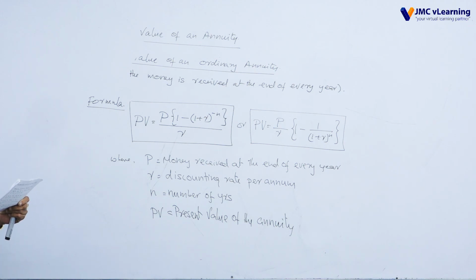Every month is not given in your study pack, but if you want, we can do that also, then we have to change the rate and n. Practically, people pay loan installments monthly, not annually. But if you take a loan from the World Bank, the government and the Central Bank pay annually. So we'll do that.